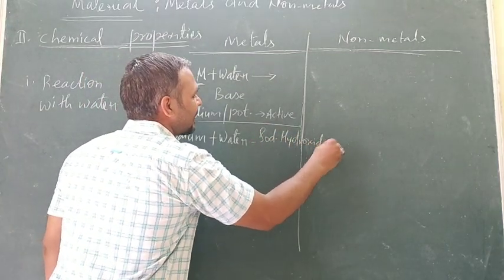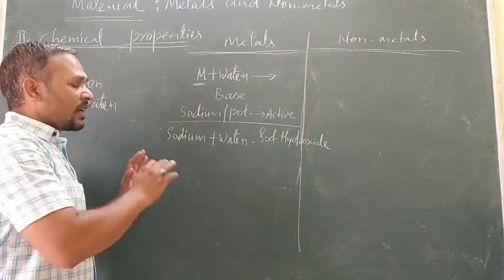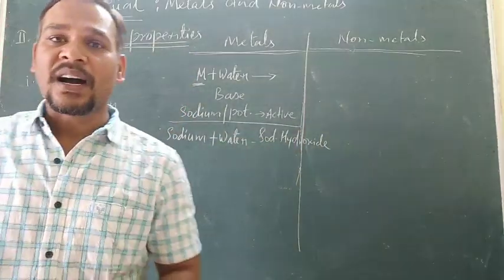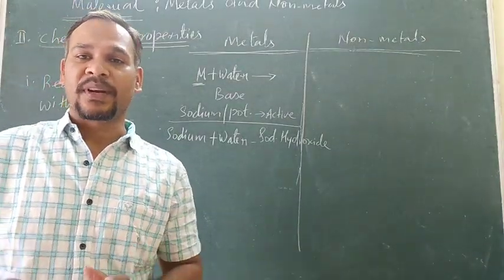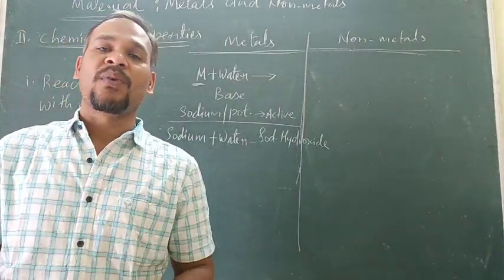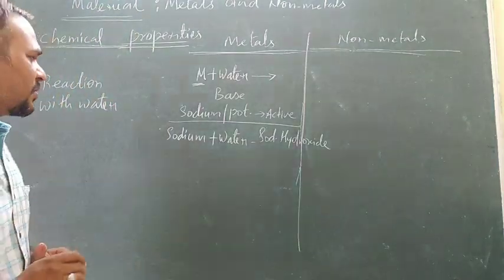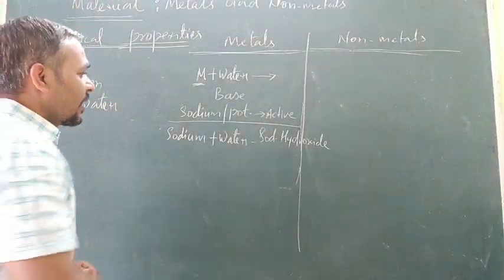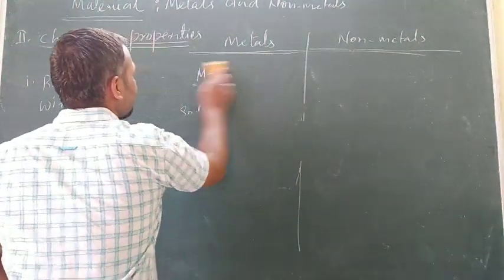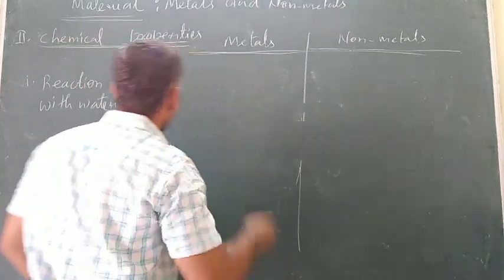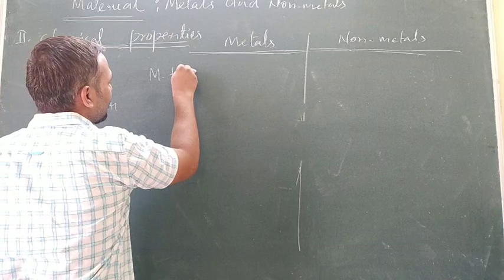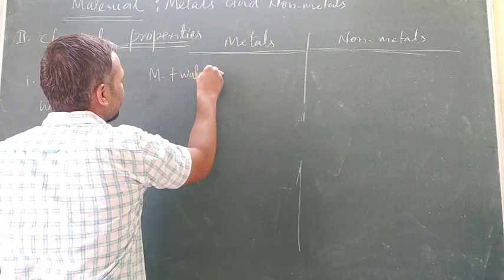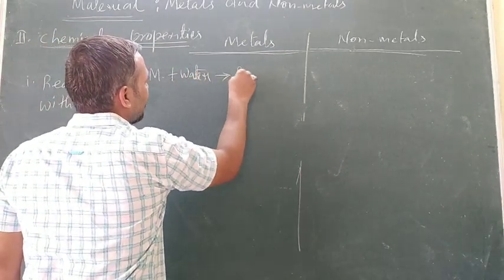Sodium hydroxide. You are in the 8th class, you are not asked to write the chemical formula, right? Simply you need to write the equation in the form of a word equation. So again you can see here, when metal reacts with water, they form base.